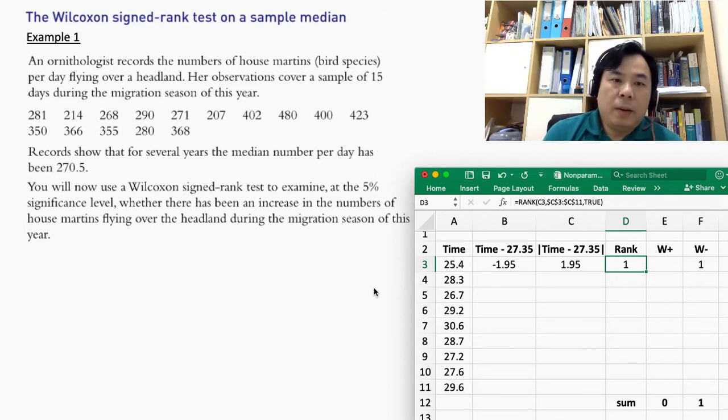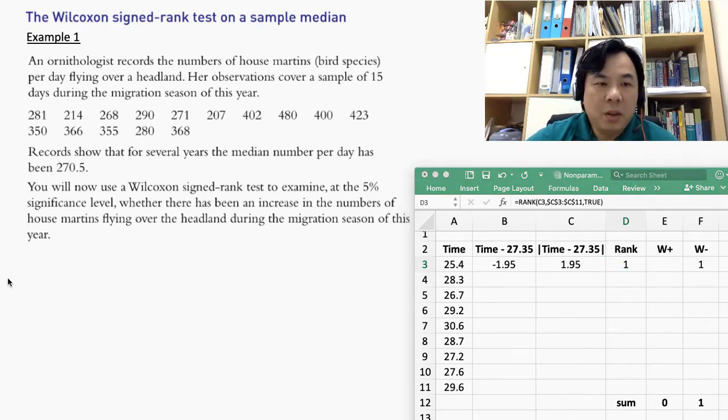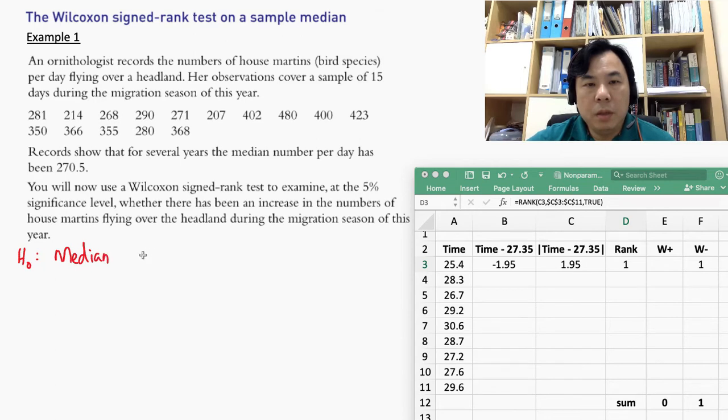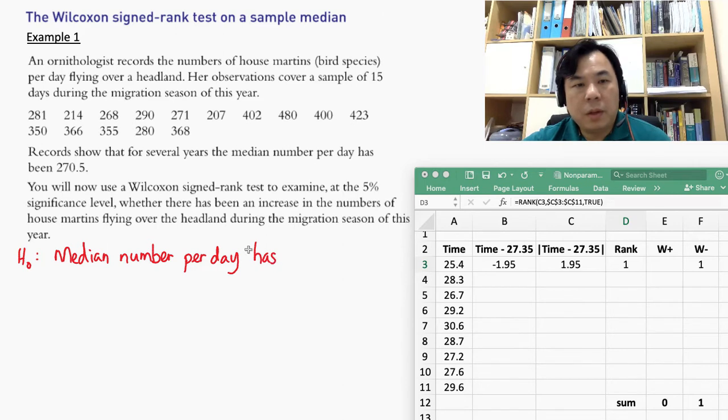Right? Now, as usual, before we start, we must state our null hypothesis and alternative hypothesis. So our null hypothesis would be that the median number per day has been 270.5. I just copied directly so that you don't have to spend too much time thinking of how to phrase this.